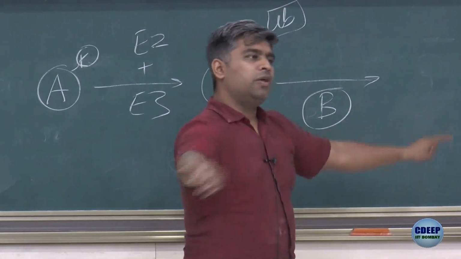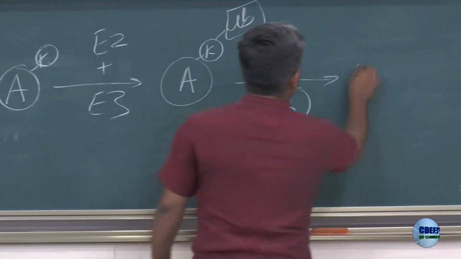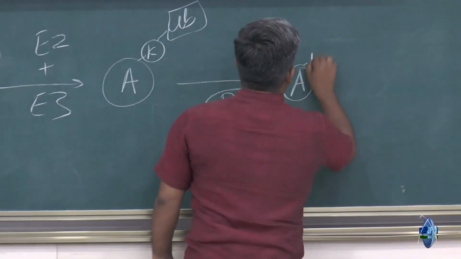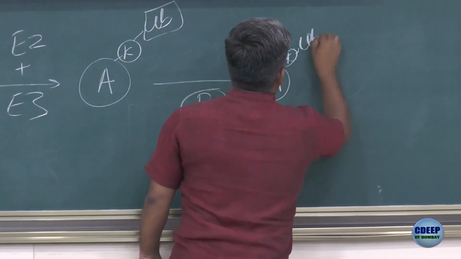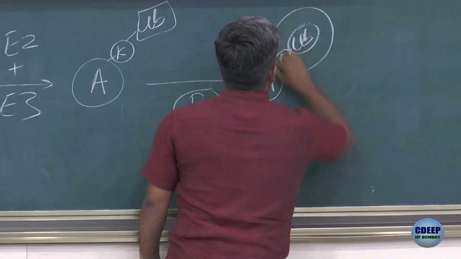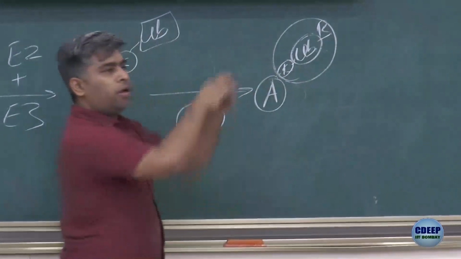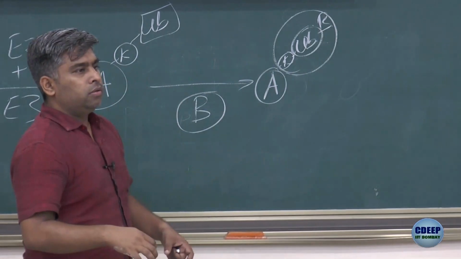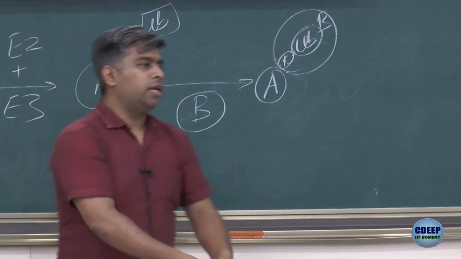They are present in the cytoplasm. Then what will happen? B will come and bind to the ubiquitin. Then it will decide what to do.